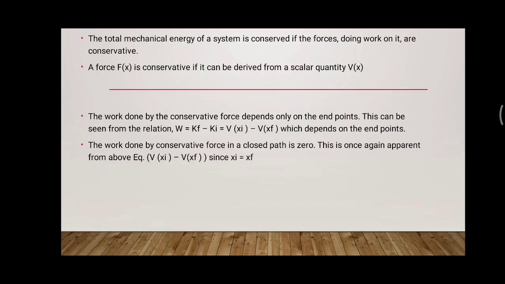So it can be derived from a scalar quantity, and such forces come under the category of conservative force. And the next point, the work done by a conservative force depends only on the end points, the initial and the final points.